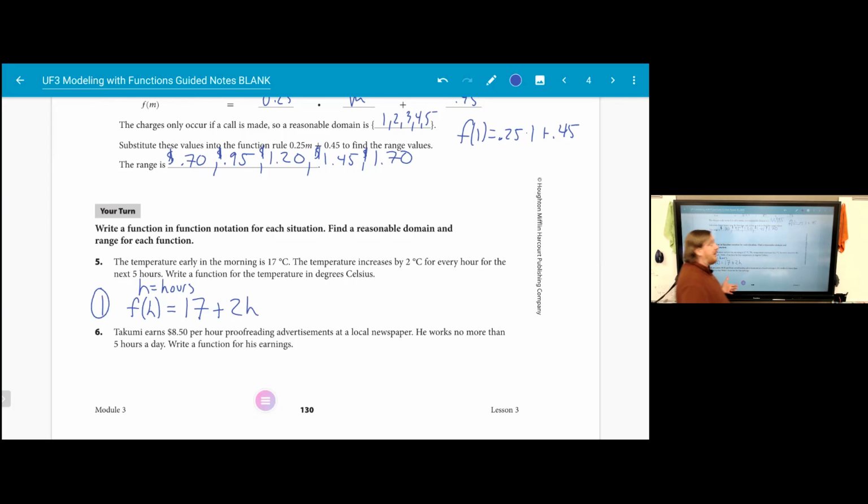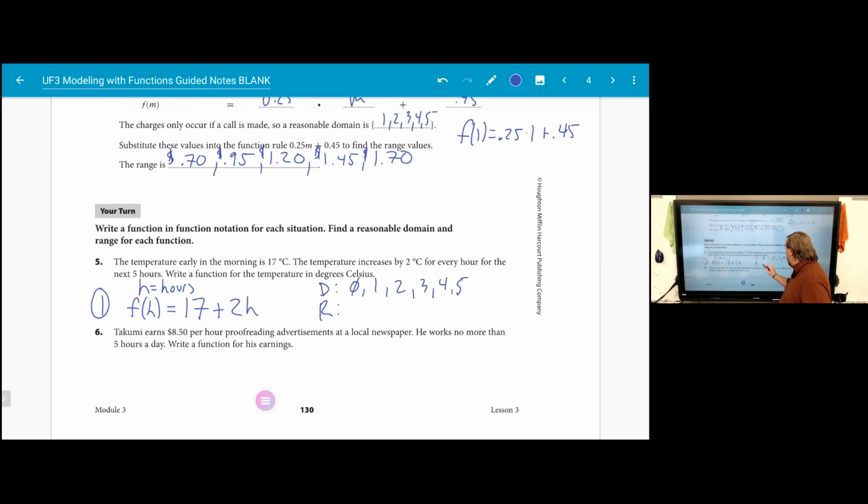Part 2 is to find the reasonable domain and range. So our domain, we have a time 0. We could have 1, 2, 3, 4, and 5 hours, because it just says for the next 5 hours. Now we need to figure out those ranges. At time 0, H is 0, 17 plus 2 times 0, or 17.